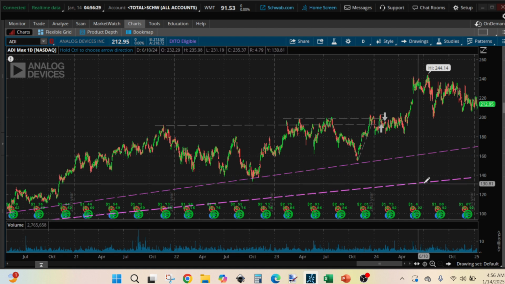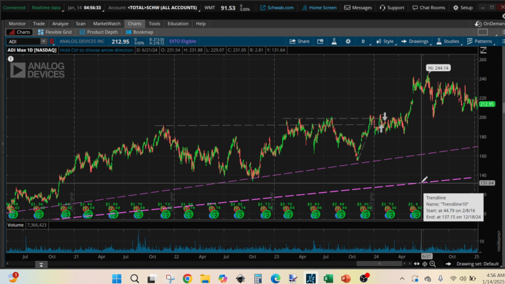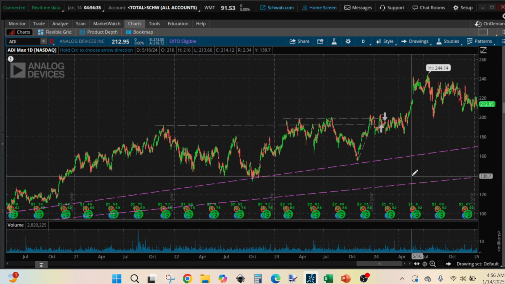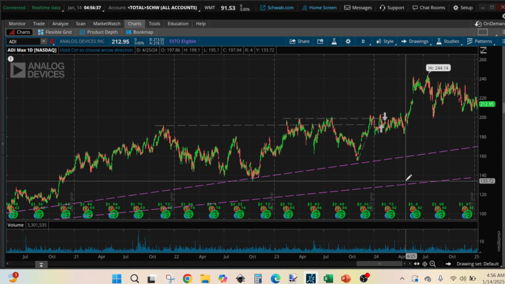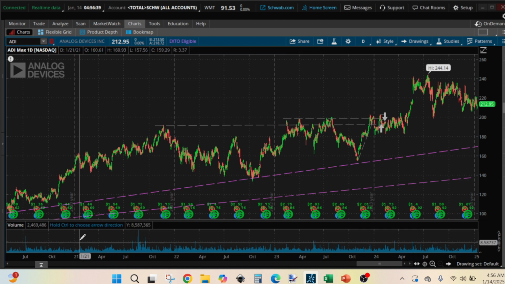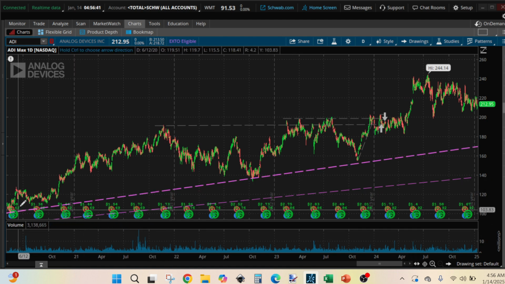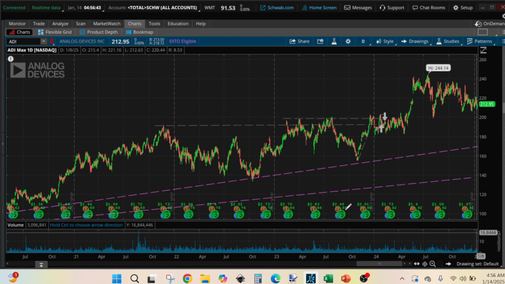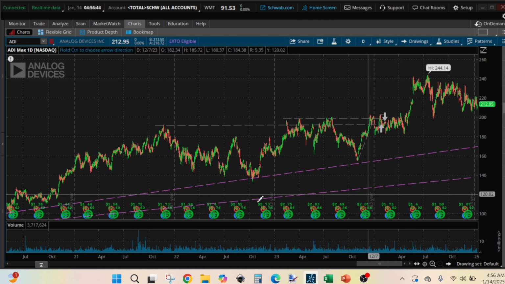Therefore, I prefer to use maximum daily chart where I can see the trend line. 1 year daily chart will show you 1 year time frame, 2024 time frame, since we are in 2025. Maximum daily chart will show you multiple years that could fit on your screen.